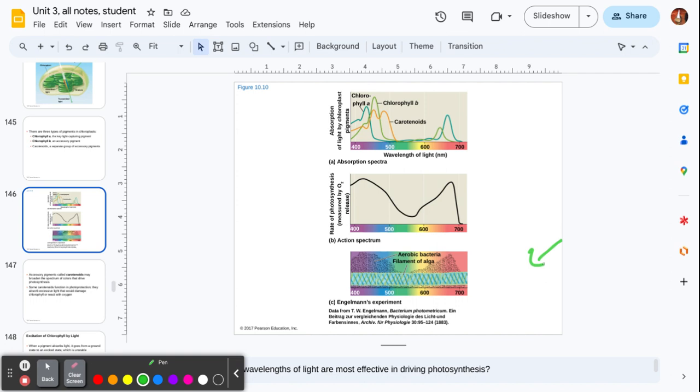This is Bacterium photometricum. Oh yeah, rolls right off the tongue. This is photosynthetic algae.